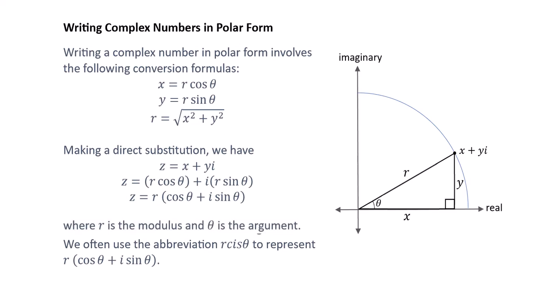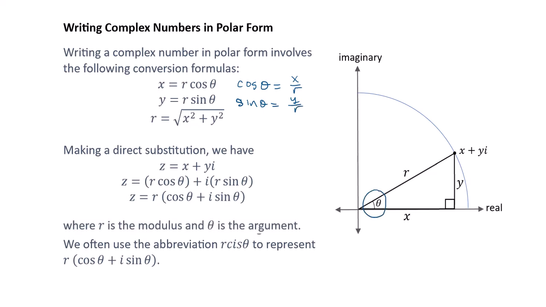If we look at the formula this way, the cosine of theta is x over r. If this is our angle theta here, then the cosine is adjacent over hypotenuse. The sine of theta is equal to y over r.